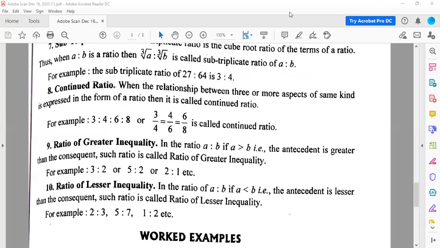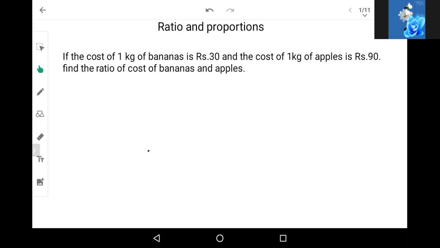Okay. Now let us start with the problems. If the cost of 1 kg of bananas is rupees 30 and the cost of 1 kg of apples is rupees 90, find the ratio of cost of bananas and apples. The first and foremost condition in ratios is that it is supposed to be of the same unit. Please check the unit. The cost of 1 kg.